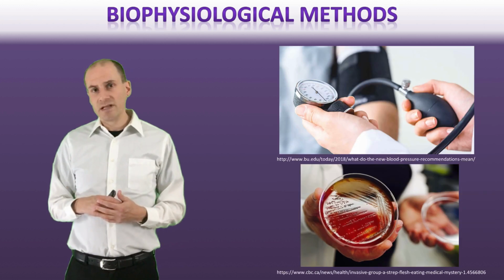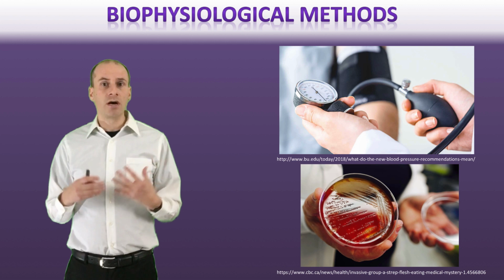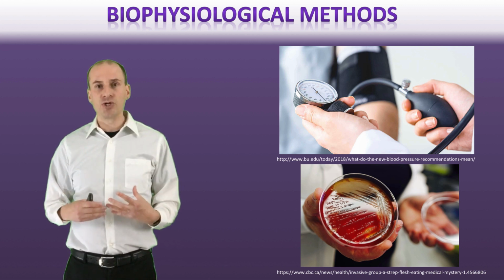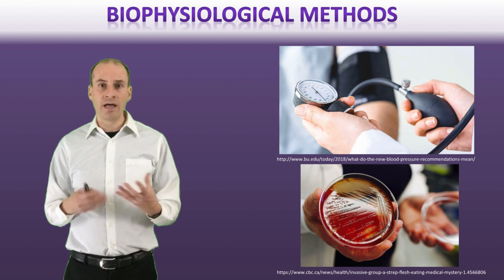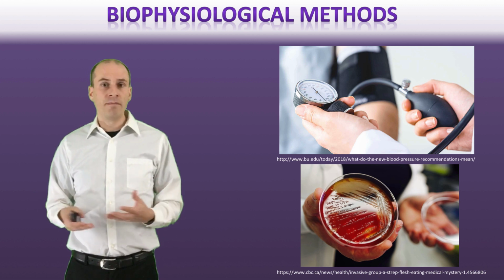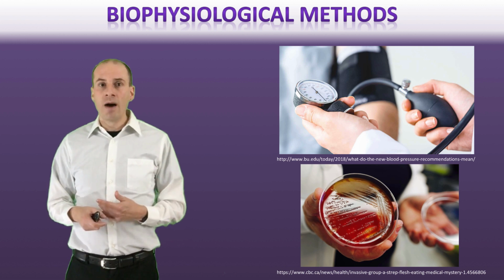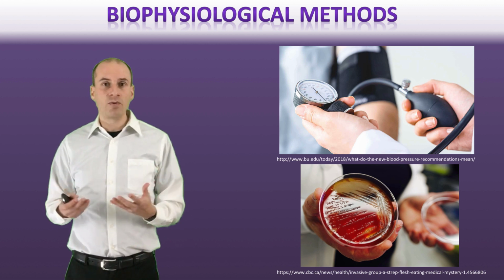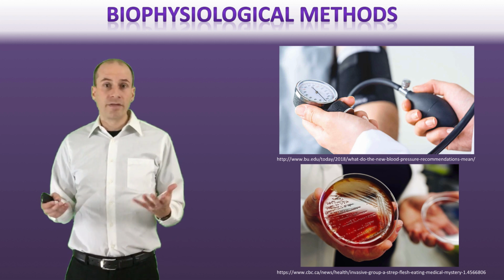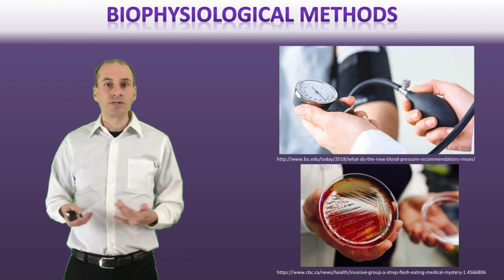There's also biophysiological methods, and that's where we're using some technology, something to actually measure something that's going on in a health-related respect. So one way to measure stress, for example, might be to see whether or not people report that they're stressed, right? But another way is that you can measure cortisol levels, right?